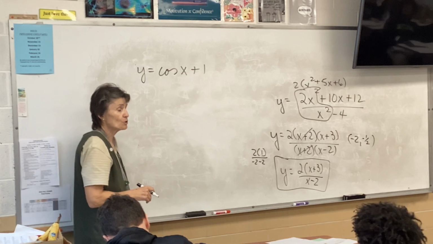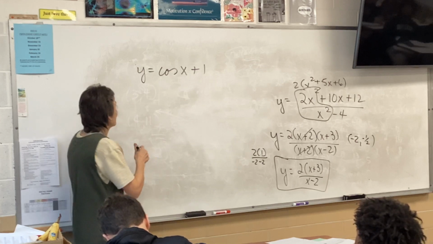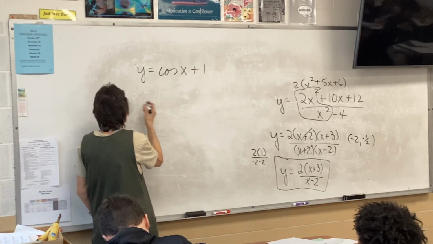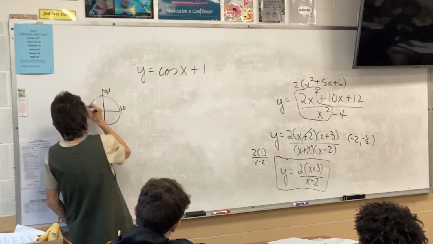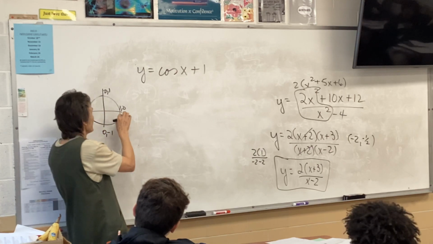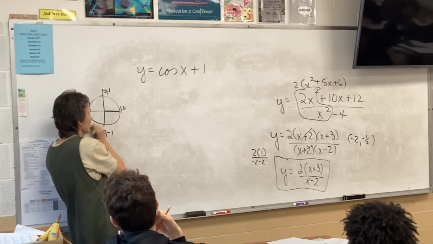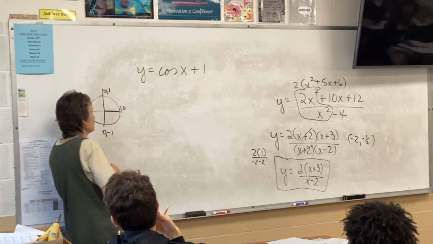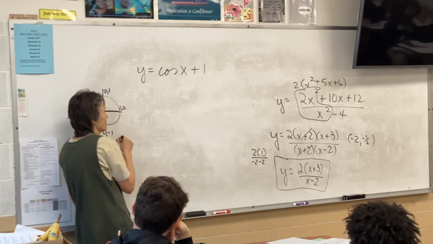Well, you can do this lots of different ways. One way is to just remember, for example, our unit circle. If x is 0, and x is the angle here, so I'm looking at the angle. If the angle is 0, then what is the cosine of it?